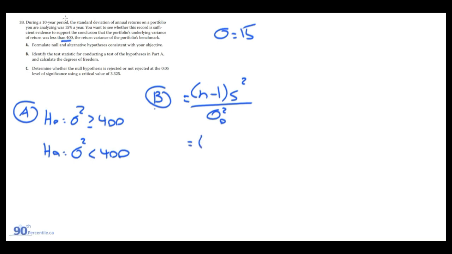And here n is going to be the 10-year period, so 10 minus 1 times the variance, so we have the standard deviation, but we need the variance, so it's 15 squared over 400, our hypothesized value. And we run this out, and we get 5.06. So this is our test stat.